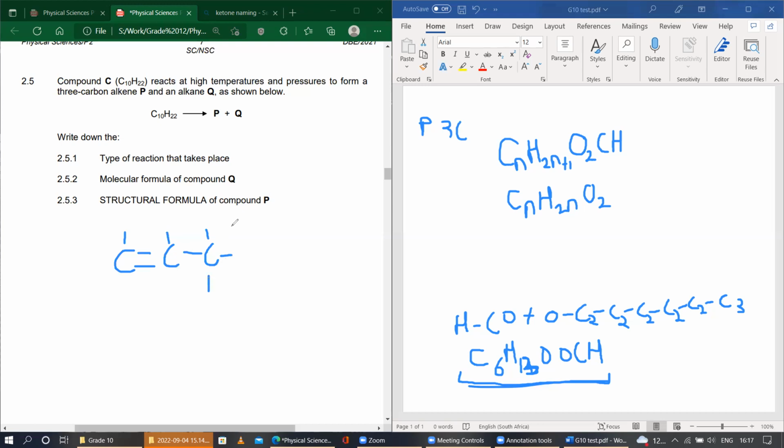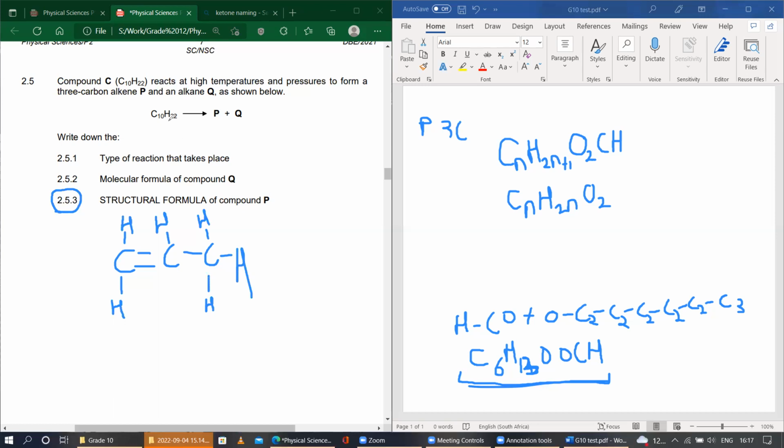Basically, I already gave you the answer for 2.5.3 because they want the structural formula of P, and I just drew it. So anyway, you got this is 2.5.3.